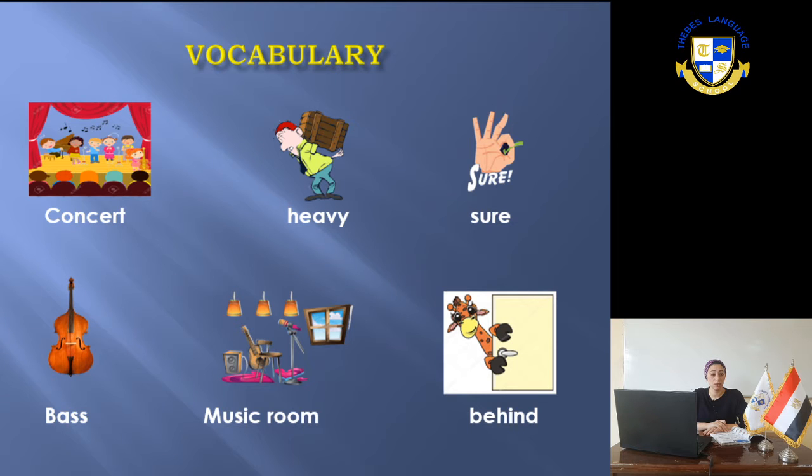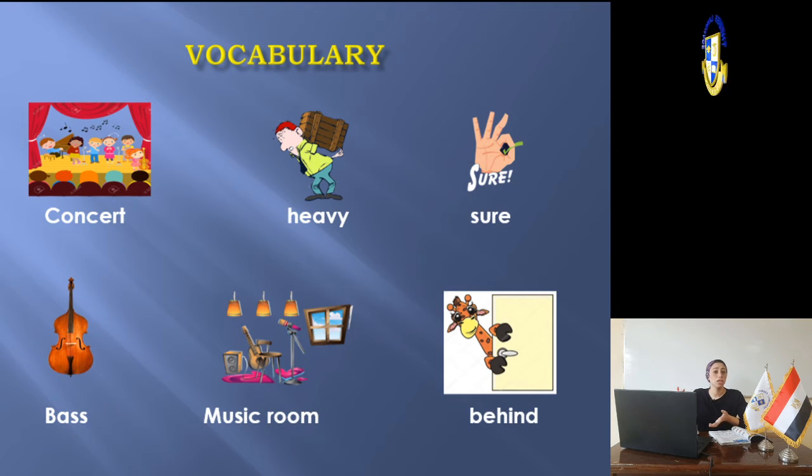Do you know the cello? It's a very, very big string musical instrument. It makes a lovely sound actually. And they are both, we can say, a little bit similar to each other, the bass and the cello. Okay, so it's so heavy and they were trying to move it by the window, but it was too heavy for Mona.